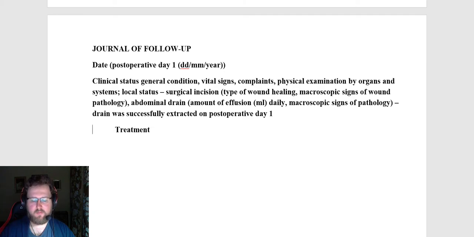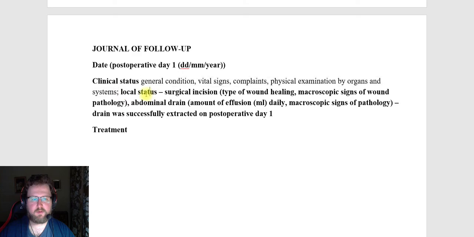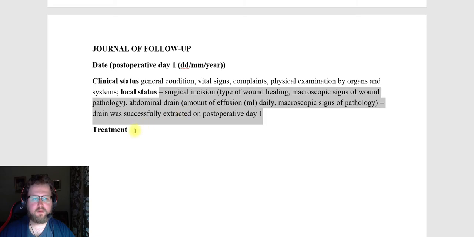So this is enough for clinical status and local status. And next, treatment. As a conclusion in this journal of follow-up, you write down what treatment you are going to administer to this patient.